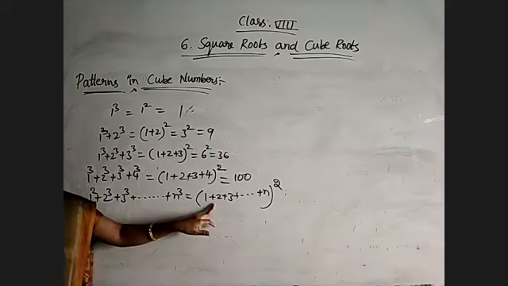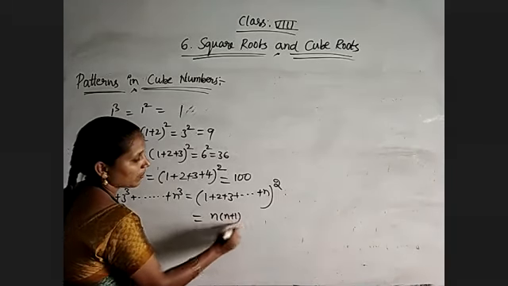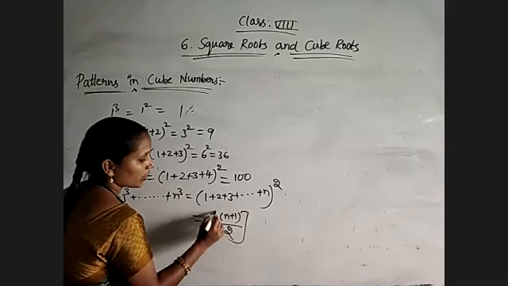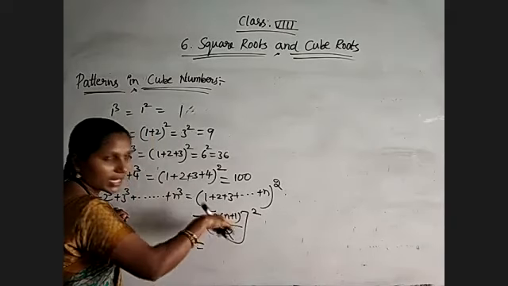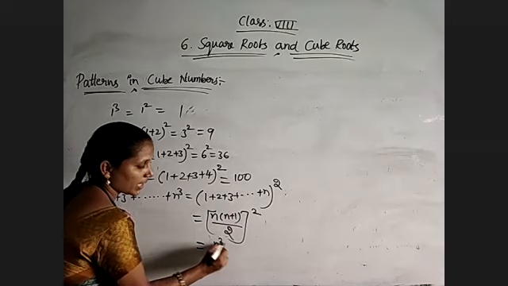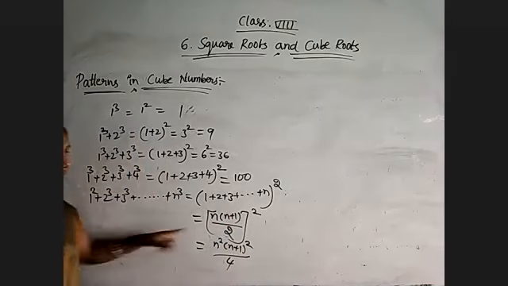And the sum of first n natural numbers formula is given by n into n plus 1 by 2 actually. So the sum of cubes of first n natural numbers is given by the square of this number, that is n square into n plus 1 whole square by 4, and this formula is very very important.